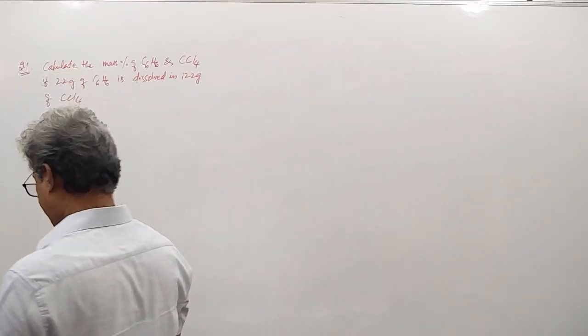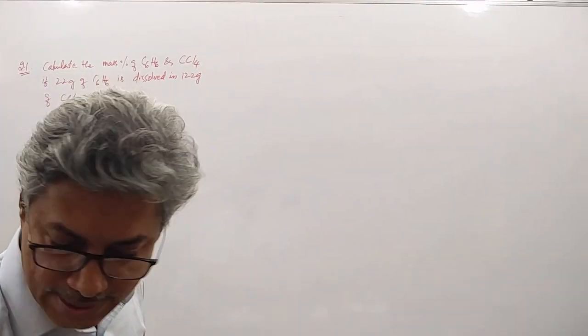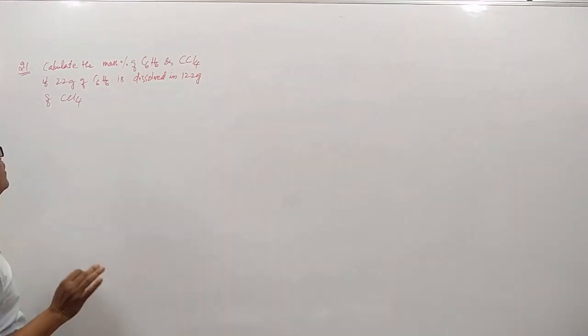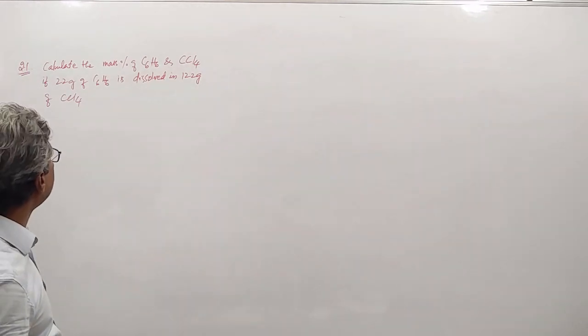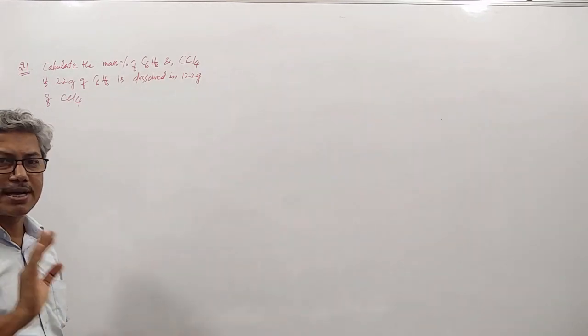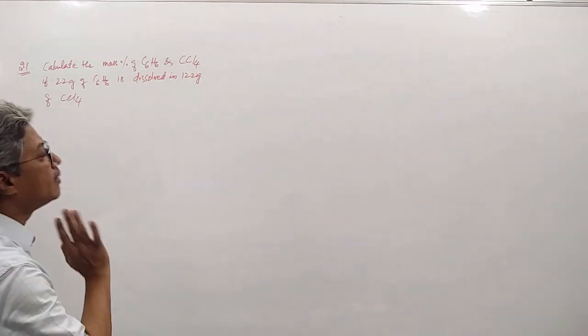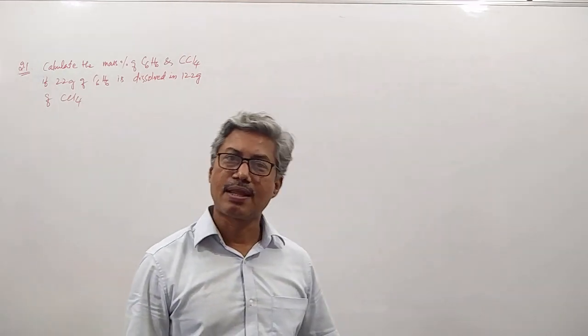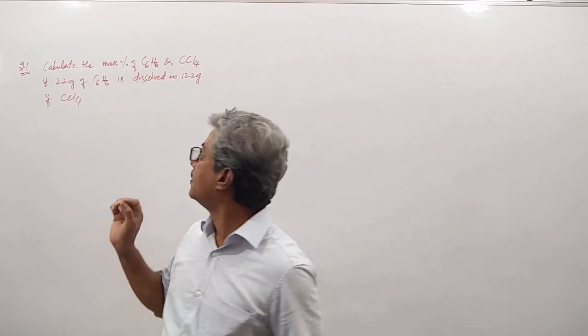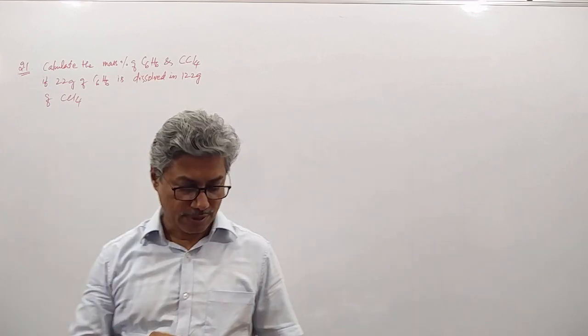Okay, let's see students. So what is given is mass of benzene and mass of carbon tetrachloride, and they are asking us to calculate mass percentage of benzene and CCl4.